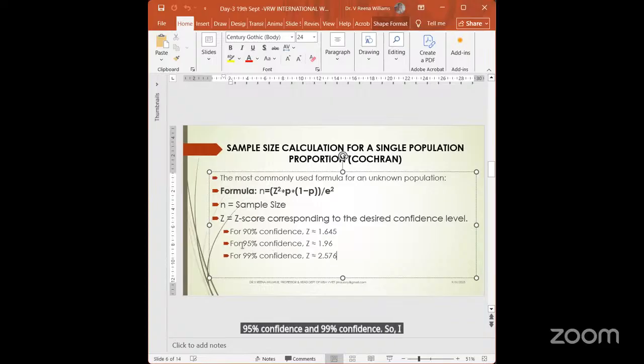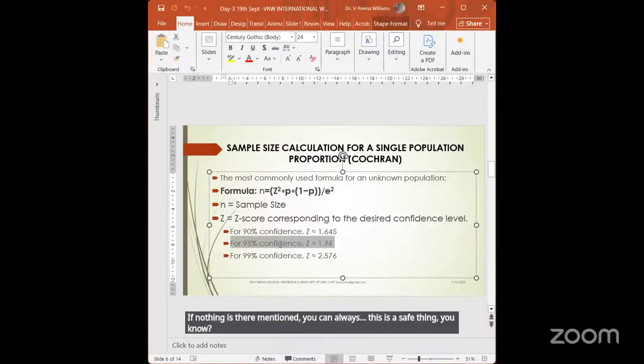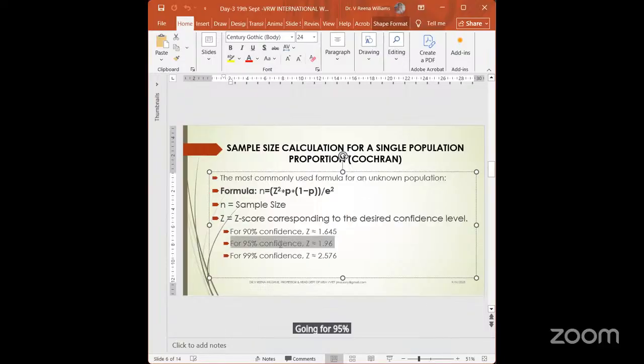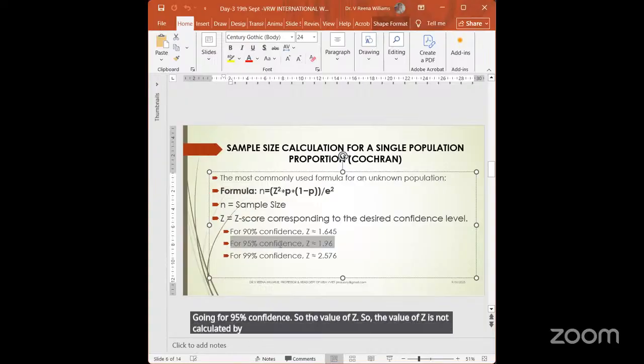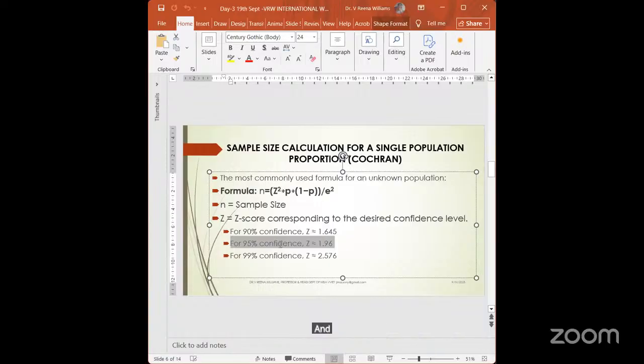I said, usually, if nothing is mentioned, it is safe to go for 95% confidence. The value of z is not calculated by me. You have a table value, which is already there. Based on the table value, the confidence level at 95% is 1.96.